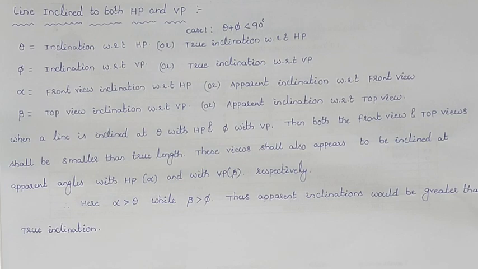Alpha is the apparent inclination of the front view with respect to HP. And beta is the top view inclination with respect to VP, or the apparent inclination with respect to the top view.